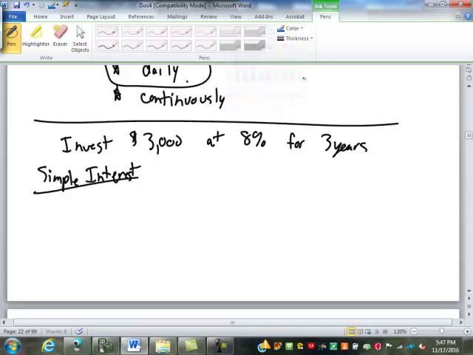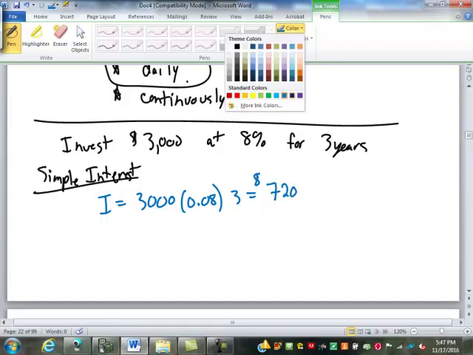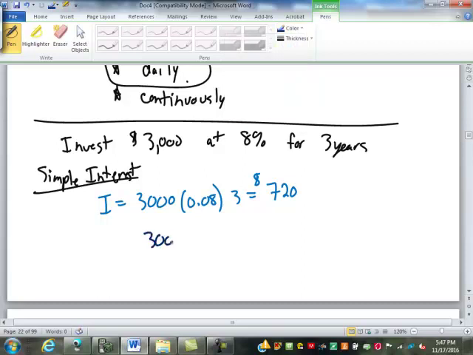The amount that's going to be worth at the end of the 3 years. My amount of interest will be 3,000 times 0.08 times 3, which comes up to $720. So what it'll be worth, 3,000 plus 720 is $3,720.